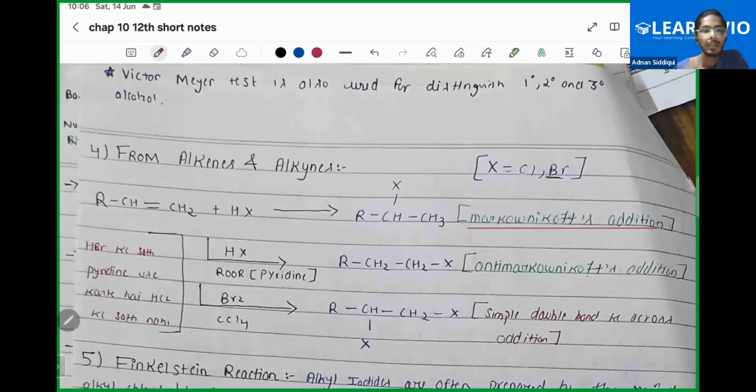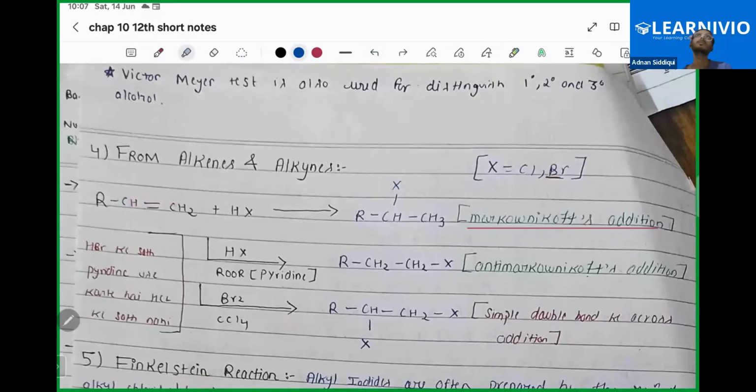The halogen, or the attacking reagent, will go to the carbon which has fewer hydrogens in a double bonded state. We will see the double bonded carbons, and the one with fewer hydrogens is where the halogen will be attached. Is this clear?